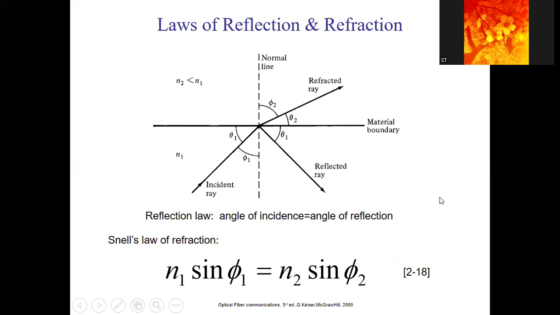Now next, the law of reflection and refraction. You already have some concept of reflection and refraction, but let's quickly review these laws. Here this is the material boundary. This is medium 1 and this is medium 2. The refractive index of medium 1 is n1 and the refractive index of medium 2 is n2.